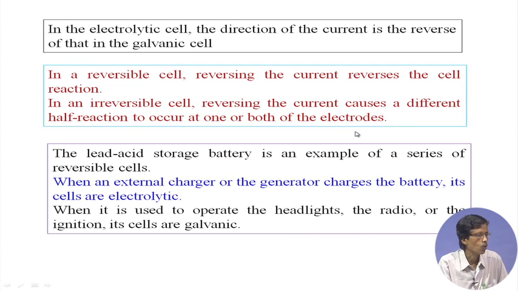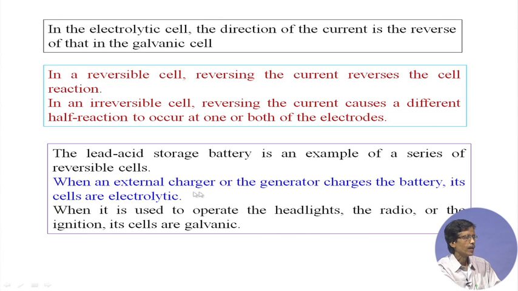Take the storage battery for automobiles, where we use metallic lead plates and sulfuric acid. The lead is responsible for oxidation, and something else is responsible for reduction. Here we have a series of reversible cells, which is why it is considered a storage battery.